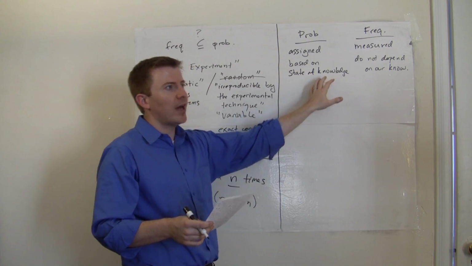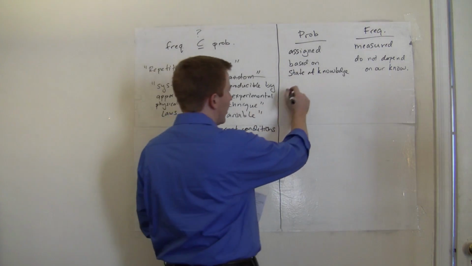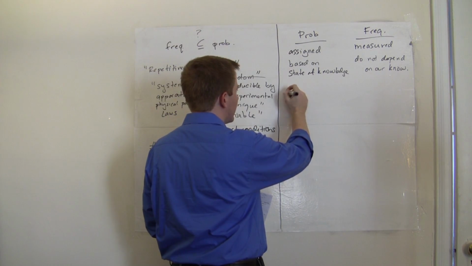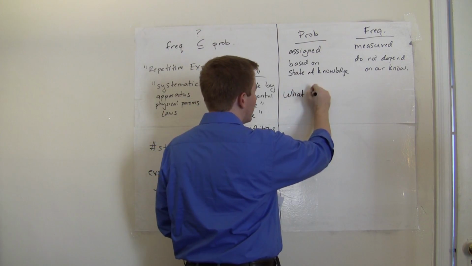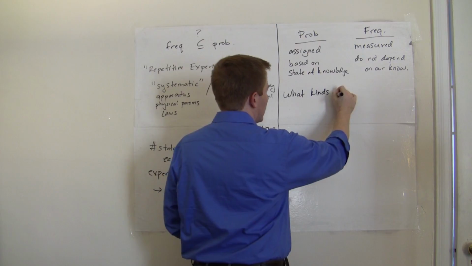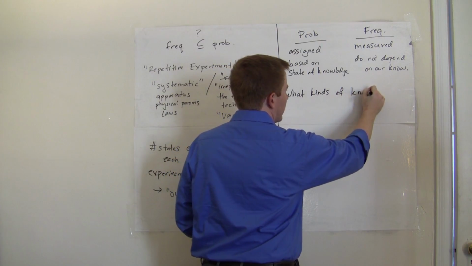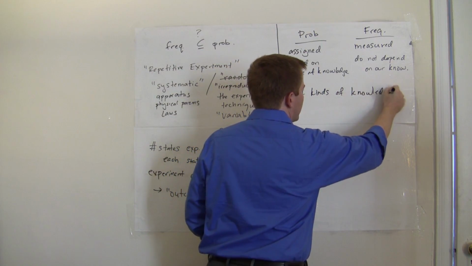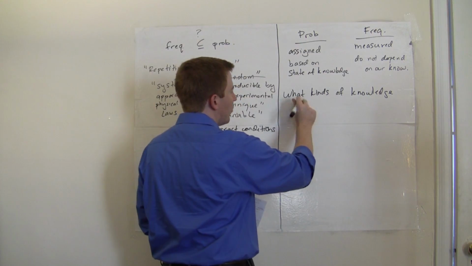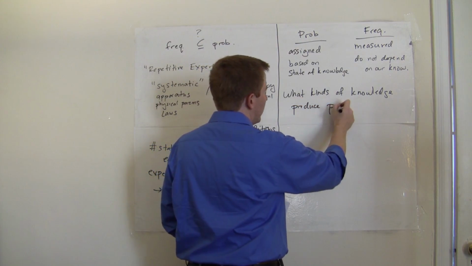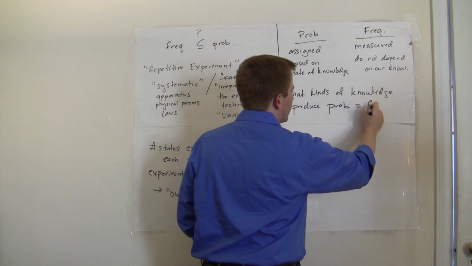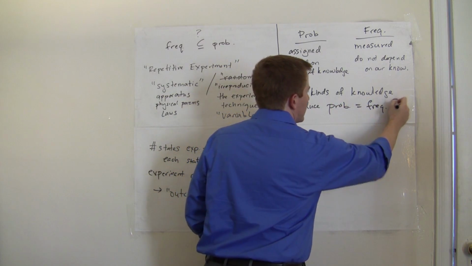The real fundamental question, the way that Jaynes frames it here, is: in what states of knowledge would we have to be, what kinds of knowledge produce probabilities that are equal to the frequencies?